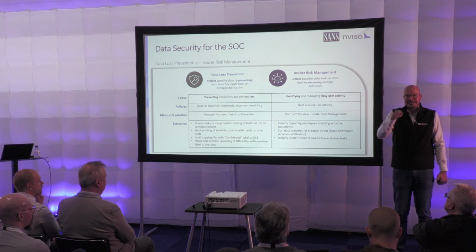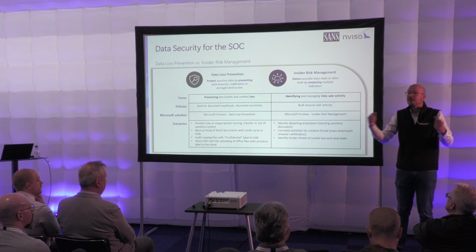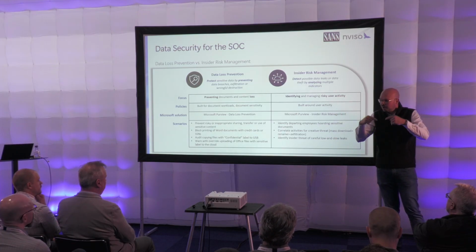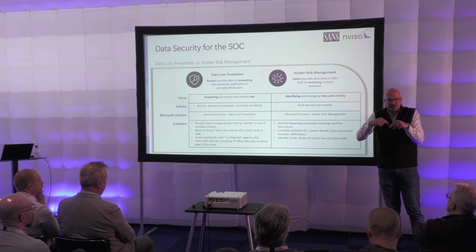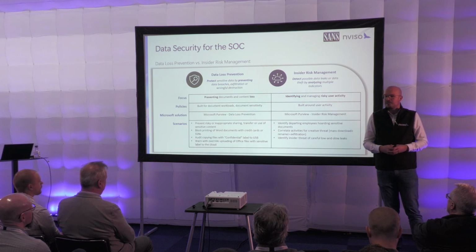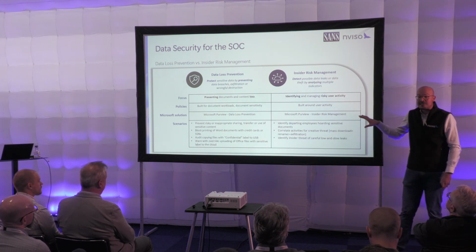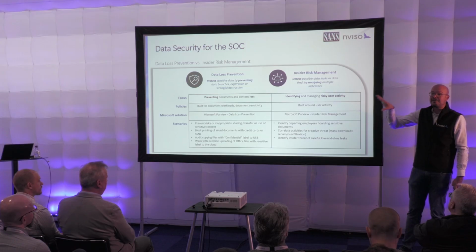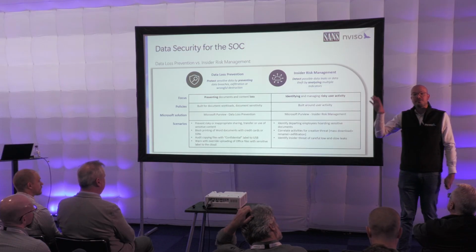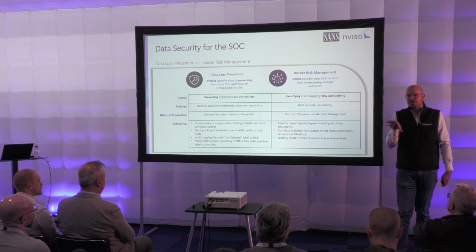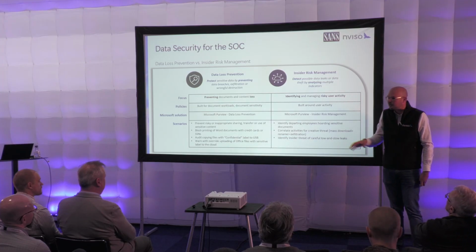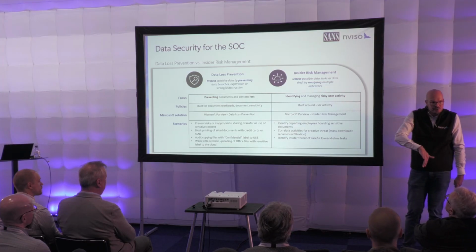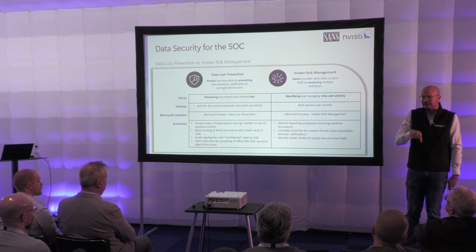Is this something that we need to further investigate in the SOC or not? Combining the signals from your other security tools, typically your XDR tools or your SIEM instance. This is a really nice way to give the SOC broader visibility, and at the same time have the right information to make an educated decision. Do I need to act, or do I close this because it's not relevant for security right now?